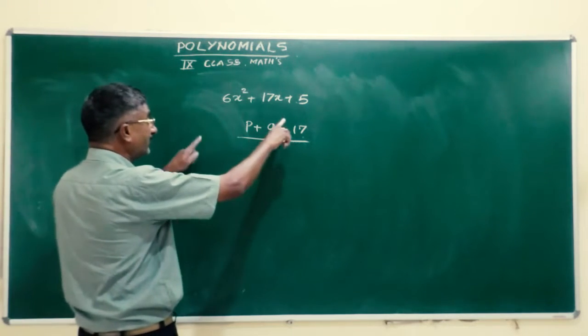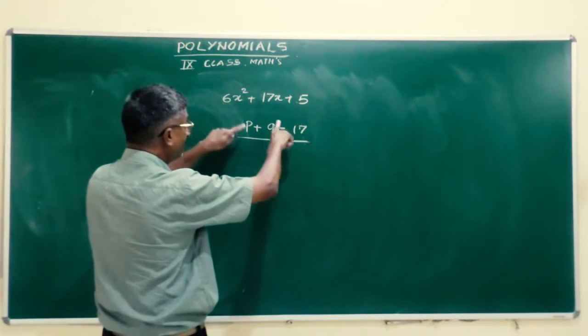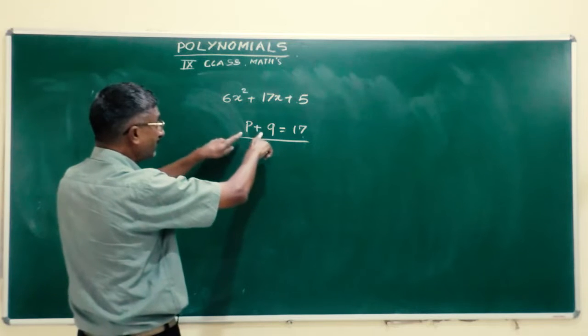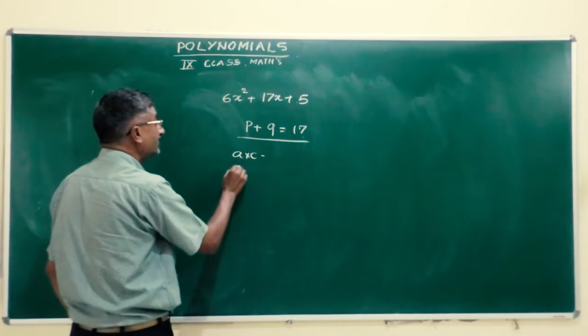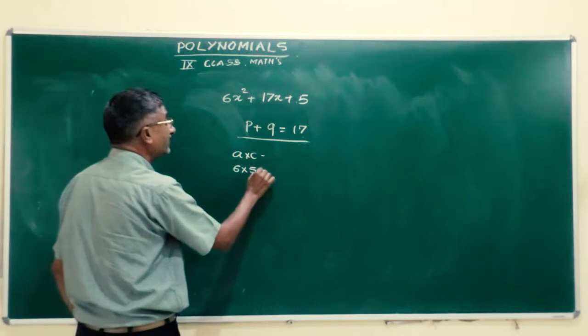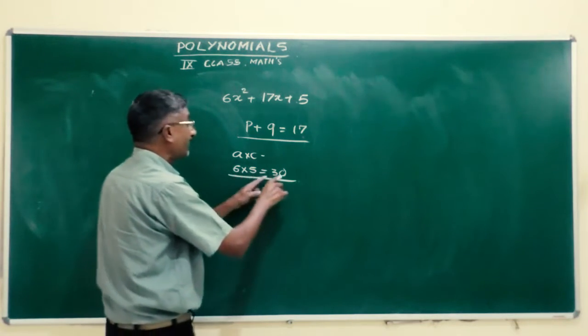So the product of the two terms, the summation of these two terms must be equal to 17. We have to find out such numbers: A into C, that is 6 into 5, which is equal to 30. 6 fives are 30.